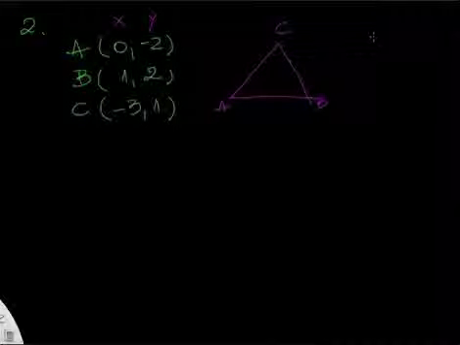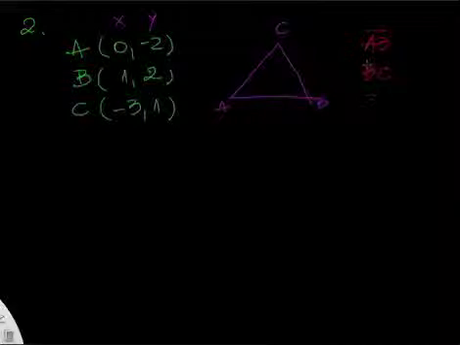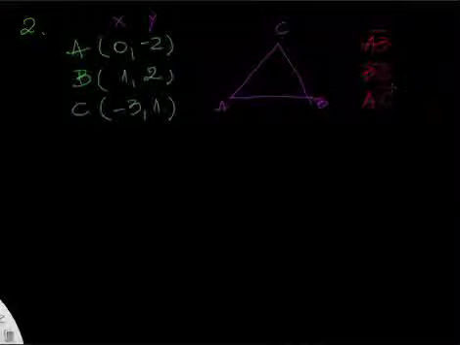The first is AB, then BC, and AC. If you see, I was doing AB, BC, and I should say CA, but the rule is we always write in alphabetical order, so that's why I didn't write CA, I wrote AC.